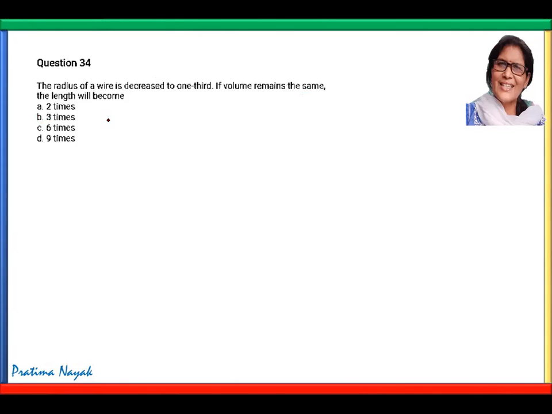Now 34. The radius of a wire is decreased to 1/3. The volume remains the same. The length will be? So this wire is a cylinder, but a very thin cylinder. And here the height we call the length of the cylinder.